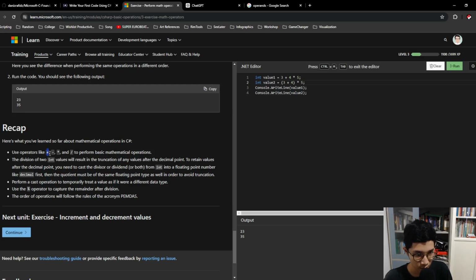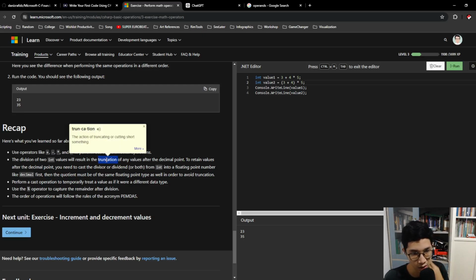You can say this is sum, this is difference, this is product, and this is quotient. The division of two integer values will result in truncation. What is truncation? The action of truncating or cutting short. So cutting short, or shortcut.